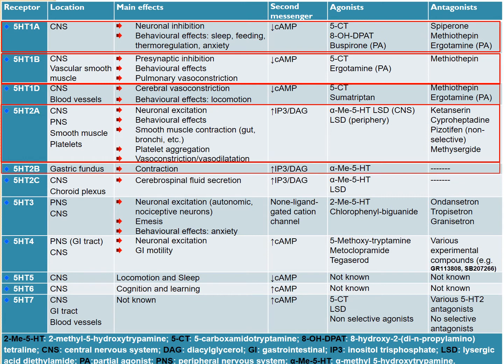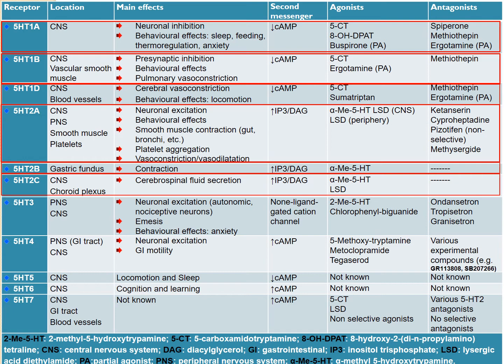Then the sixth receptor is the 5-HT2C receptor. It is mainly located at the central nervous system and the choroid plexus. It is mainly involved in functions like cerebrospinal fluid secretion. Its secondary messenger is inositol triphosphate and diacylglycerol.